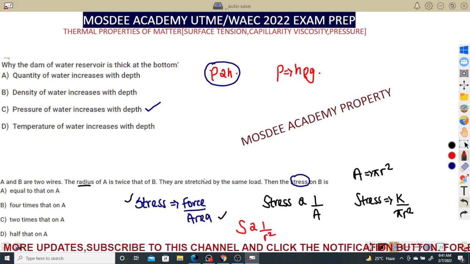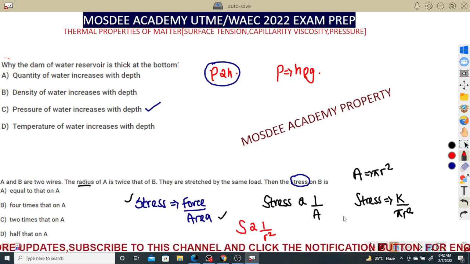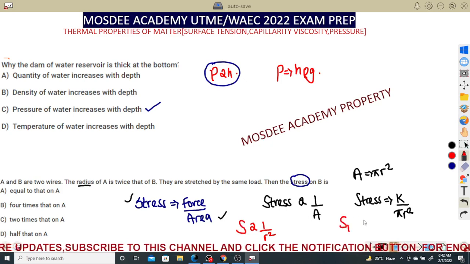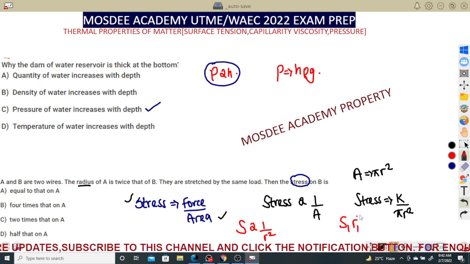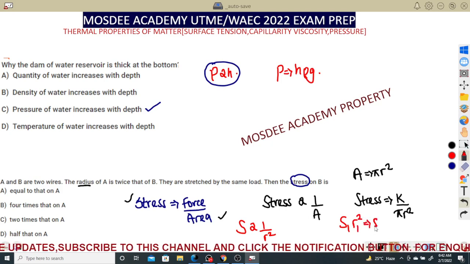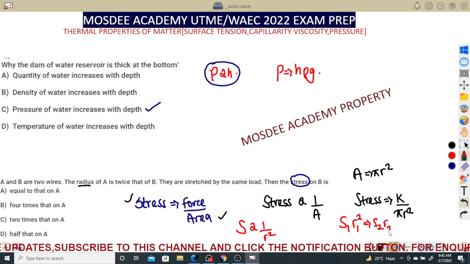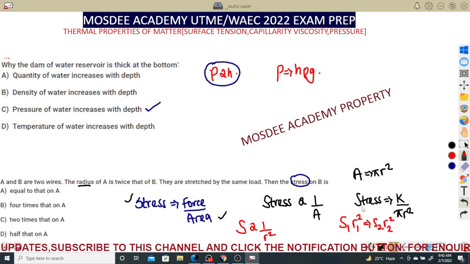Pi I will take as a constant, which is 3.14. So my point is, I can say stress 1 times radius 1 squared must be equal to stress 2 times radius 2 squared. As you can see, stress is inversely proportional to the square of the radius.